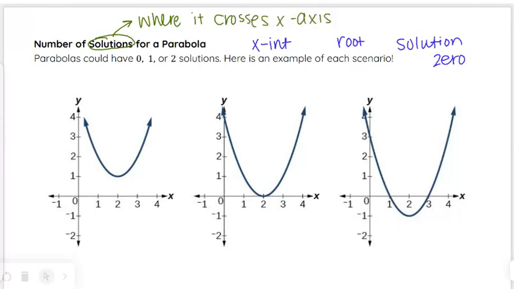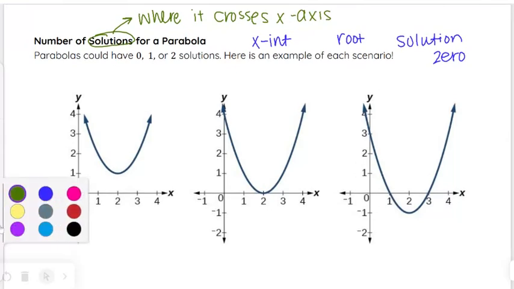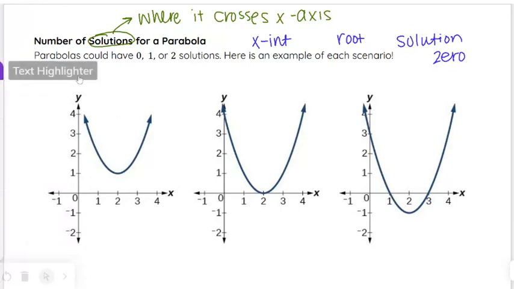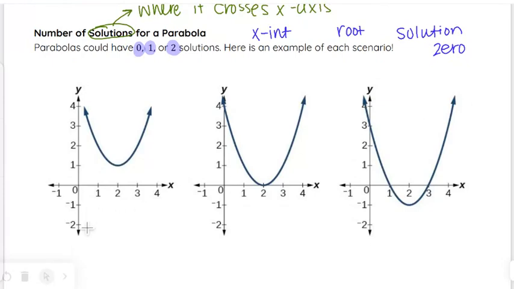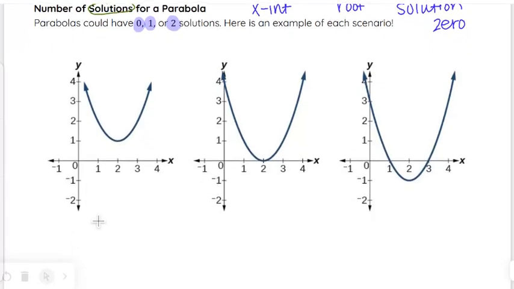On these three graphs, I show you three different examples to show you that a parabola could have 0 solutions, it could have 1 solution, or it could have 2, depending on where that parabola is located. For example, this first one on the left here, we see that this does not cross the x-axis. If it does not cross the x-axis, that means it has 0 solutions. And again, that's because it doesn't cross this x-axis at all.